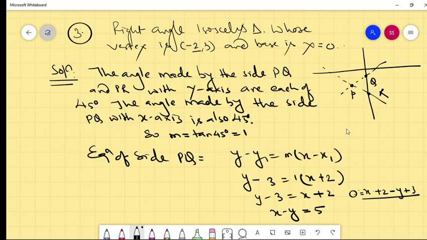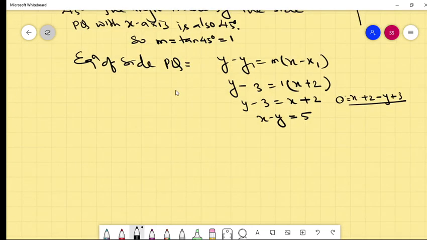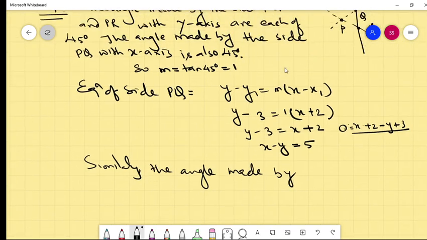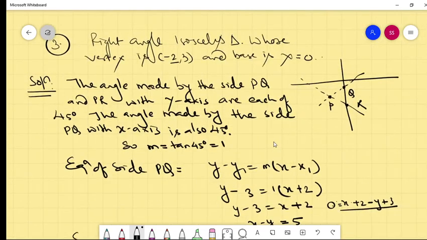Similarly, one thing let me highlight is minus 3. This point is minus 2 comma minus 3.